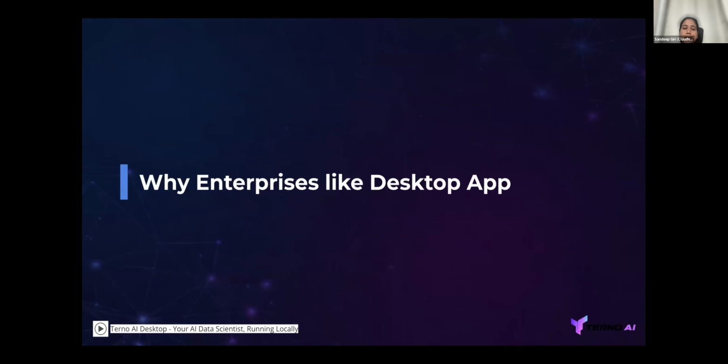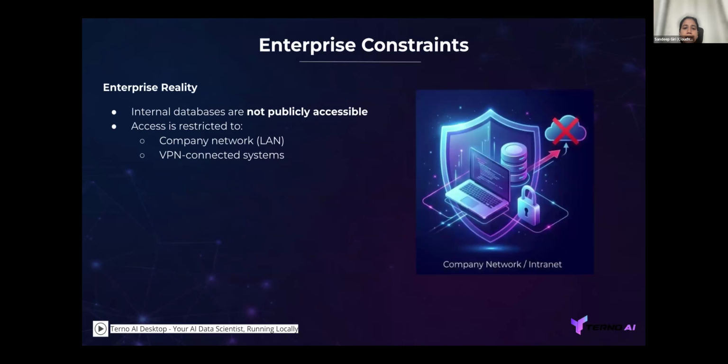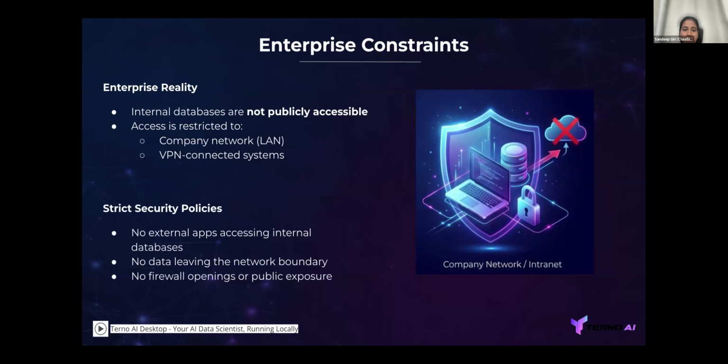Let us just understand why enterprises like the desktop app. In reality, enterprises are considerate about their security in the first place. And also, their databases are internal, and internal databases are not usually publicly accessible. So, the data sharing is very restricted, and it is very important for them that the data is restricted to the company LAN, and also there are VPN connected systems.